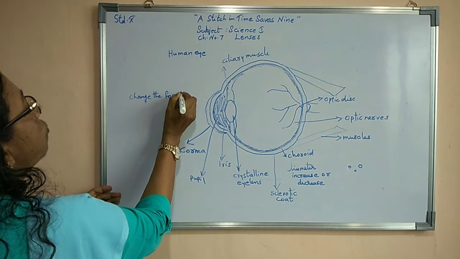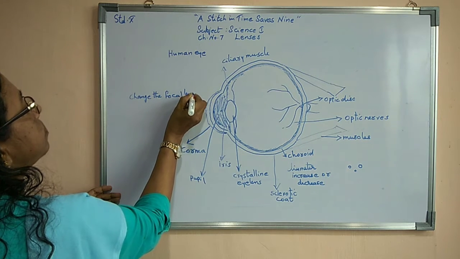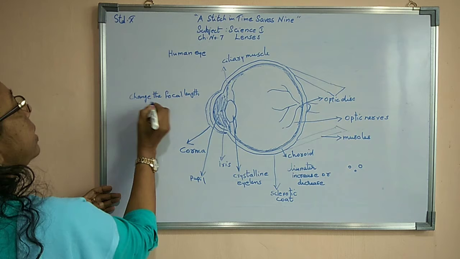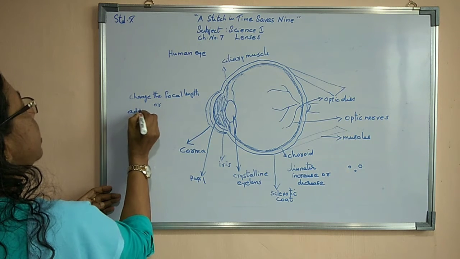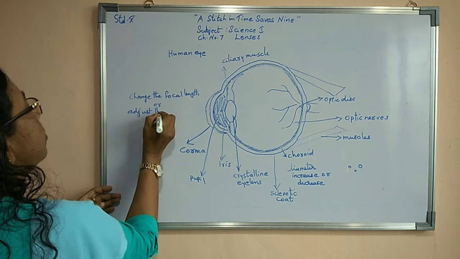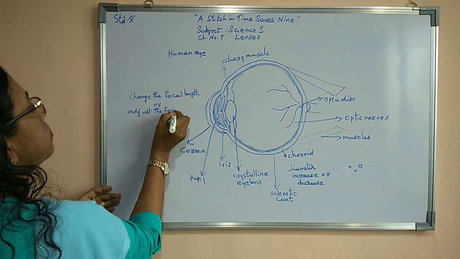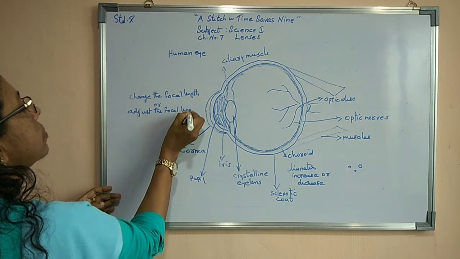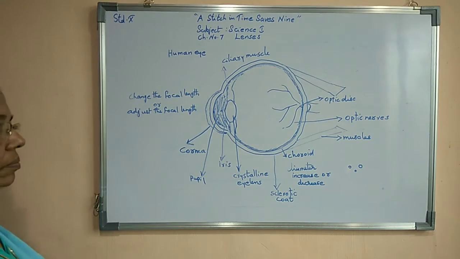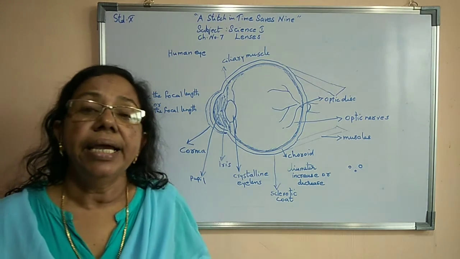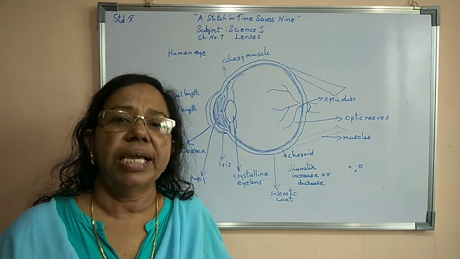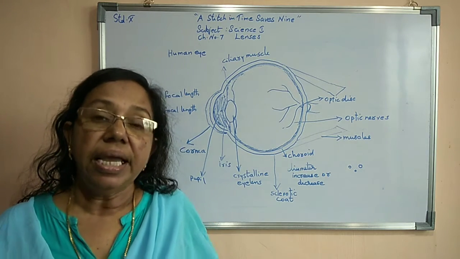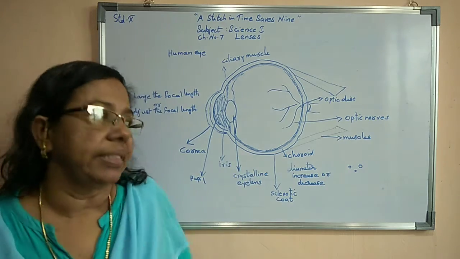Or we can say that eye lens has the capacity to adjust its focal length. Now when it is changing, that we will see.